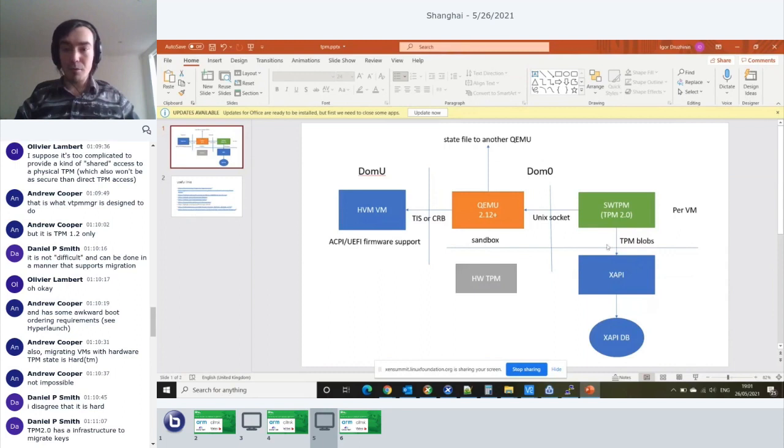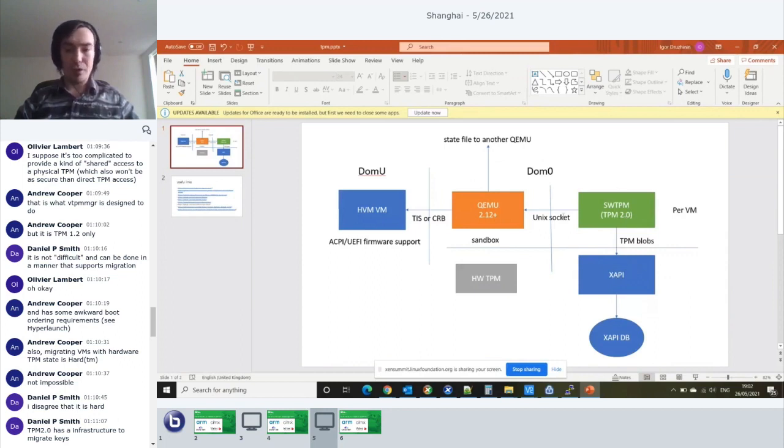Yeah, and also, SWTPM currently saves the TPM state in a file in the file system, and this is the only way. It's not very flexible, so to work with tools like XAPI, which uses the XAPI database, it would probably need to be modified, or there should be some way of indirection where the file is actually stored somewhere, for example on an NVRAM VDI that XAPI provides for each VM.